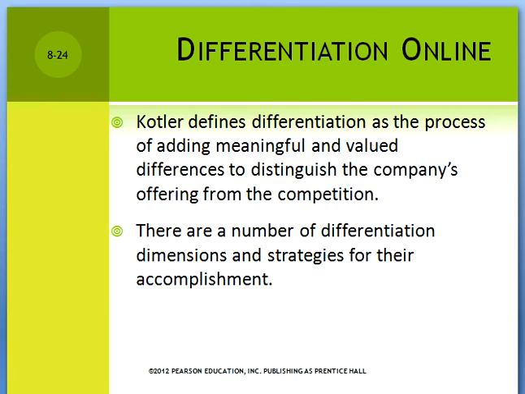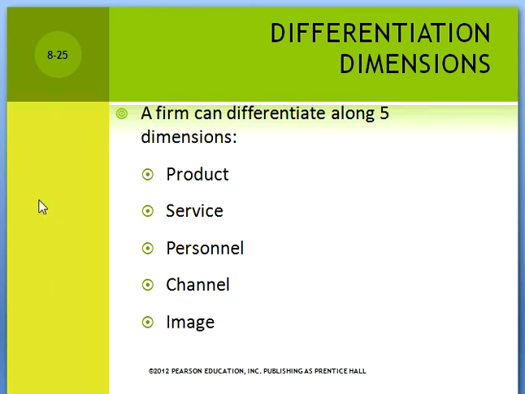Let's have a look. These dimensions could be based on, number one, product. Maybe your product is different than the competitors', maybe a better product. It could be based on the brand. It could be based on the unique features. It could be innovative. Differentiation could be based on the service.